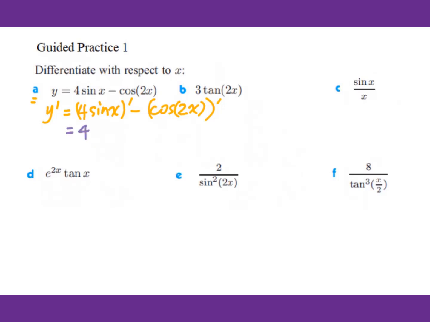You will get 4 cosine x. Then minus the derivative for cosine 2x will be negative sine 2x. Then you have to use the chain rule to do the derivative of this 2x. That will be 2.